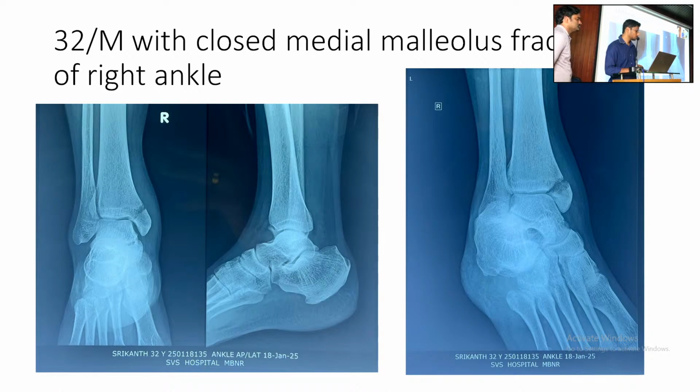Is there any specific indication for this type of medial malleolus fracture? What classification is it? This is supination adduction type of Lauge-Hansen classification, sir. Where did you say adduction? Here there is a vertical fracture.